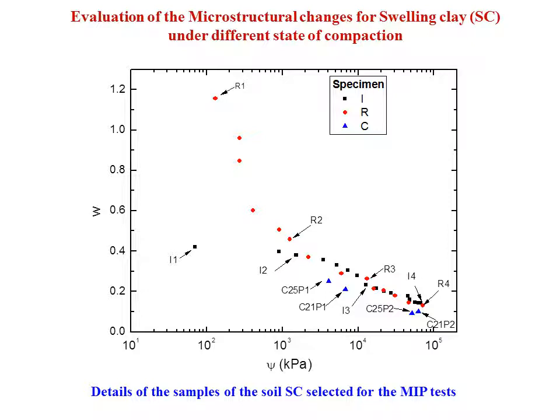The points I1, I2, I3 and I4 represent the stage of drying at which the samples were extracted for the MIP studies for the intact samples.